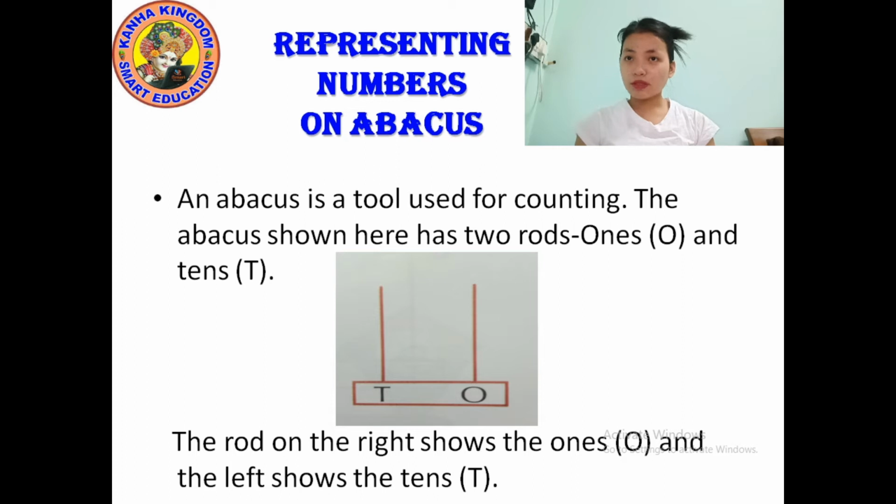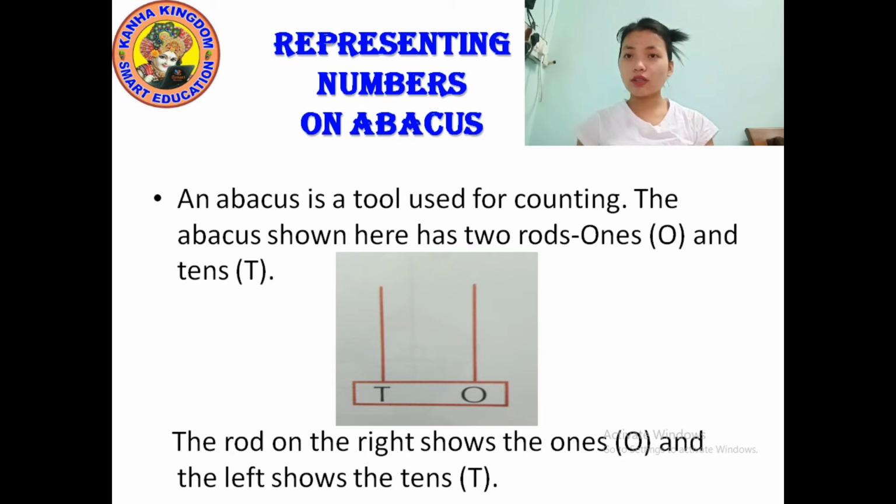The abacus shown here has two rods. Two rods, one for ones and one for tens, the ones rod and the tens rod.